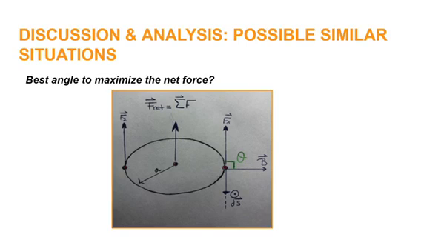As shown in the picture, the best angle is 90 degrees, because the cross product gives us a force pointing upwards in each part of the ring, so they are all parallel. Last but not least, if the angle we just talked about was 0 degrees, all forces would be in the same plane as the ring, pointing to the center, so they would cancel each other and the net force would be 0 newtons.